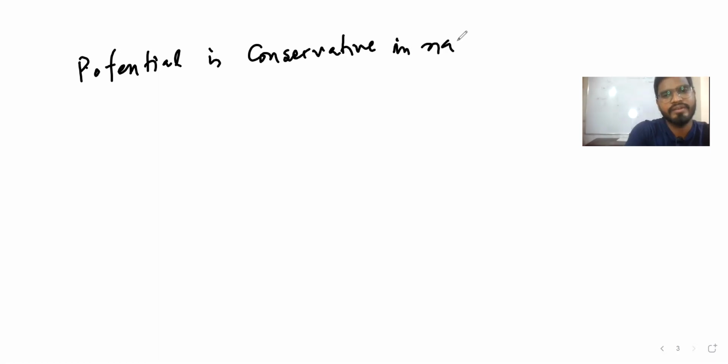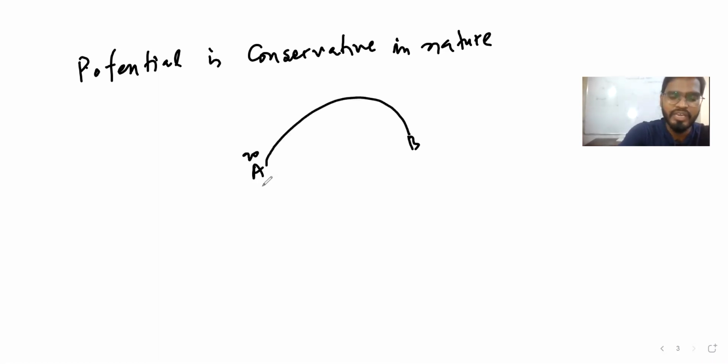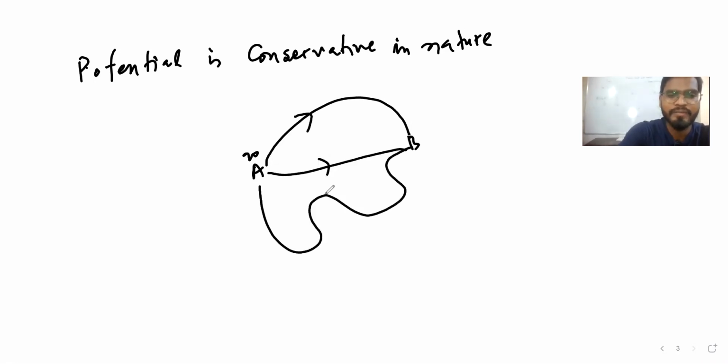Conservative in nature means, suppose a charge Q naught you are taking from A to B by this way, or by this way, or by this way, the work done is going to be what? Suppose this is W1, this is W2, this is W3.